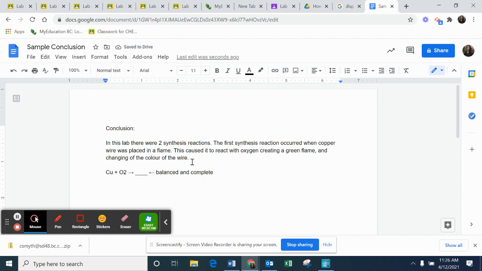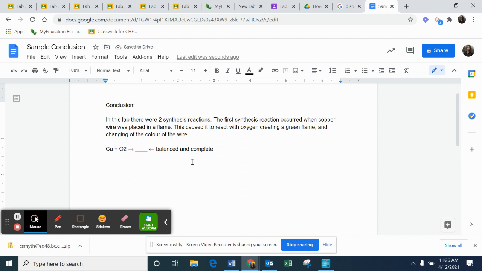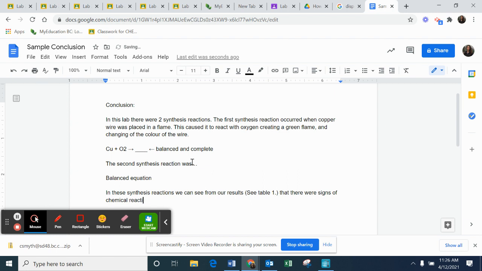Then you could talk about it a little bit. Then the second synthesis reaction was, and so on, with the balanced reaction. And then in these synthesis reactions, we can see from our results, in table 1, that there were signs of chemical reactions occurring.